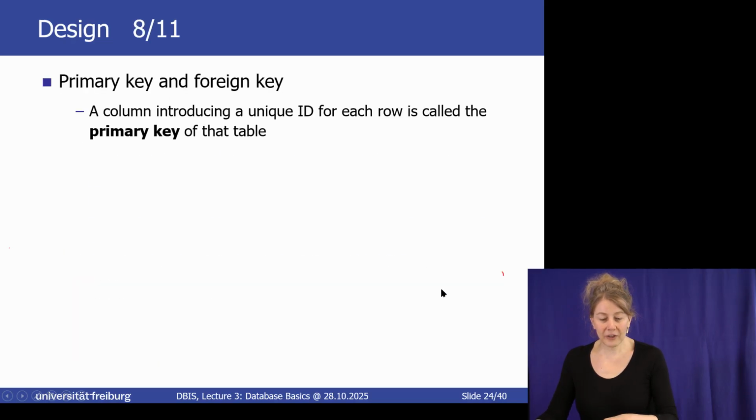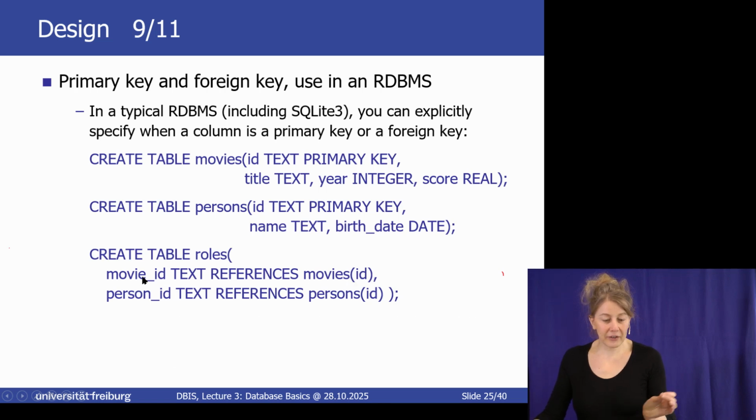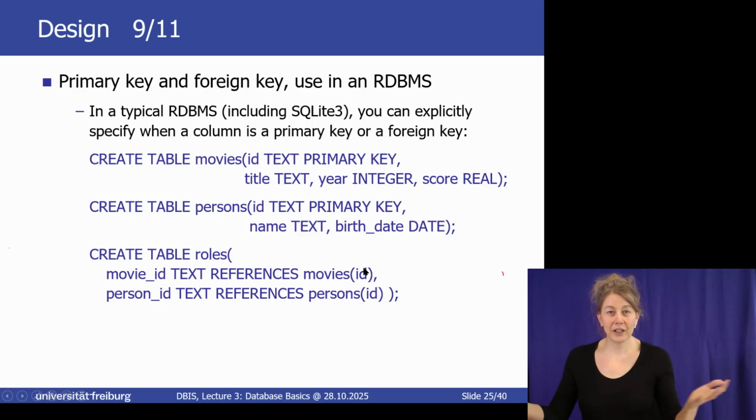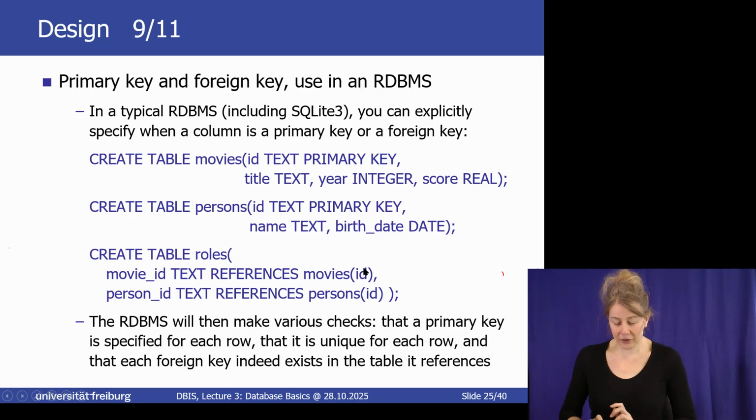How do I write it in? I write it like this. So this is a movie ID. It's text. It's not an int because I have it references movies ID. That's just how you write it. So this is an ID, and it's actually the primary key from the table movies, which is called ID. You just have to know how to write it.